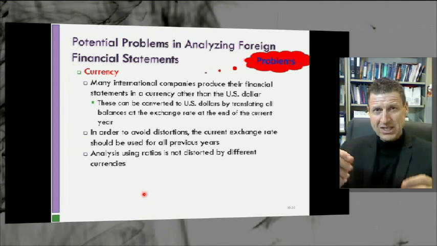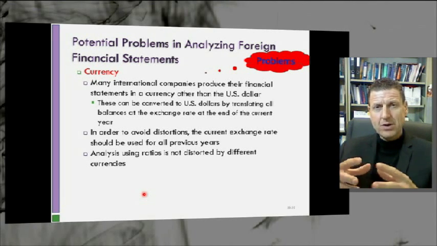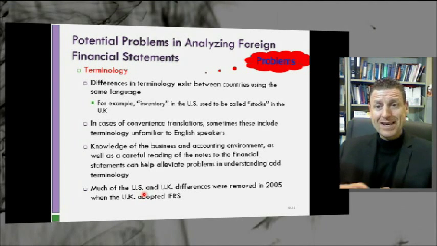You can get the information on the most updated rates of currencies in the market. So that is not as big a problem as language, or not as big a problem as getting access to data in other countries. But it is a problem, and we did address that in chapter 7 and chapter 8 of the Doupnik and Perera textbook.